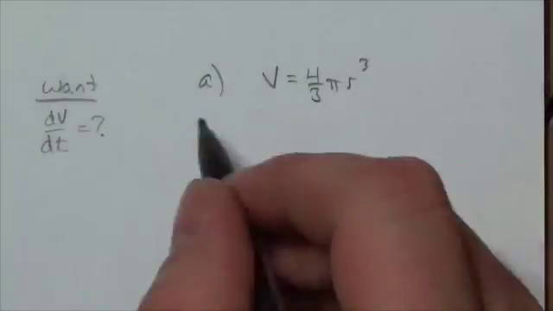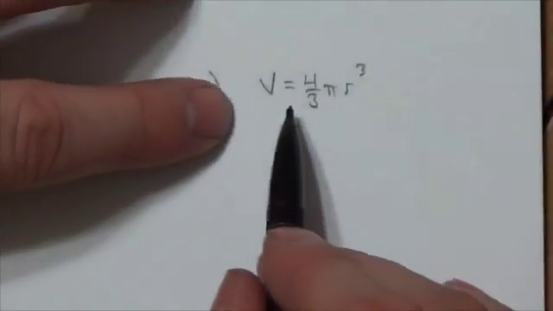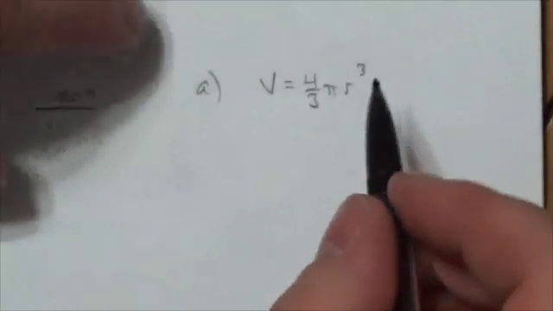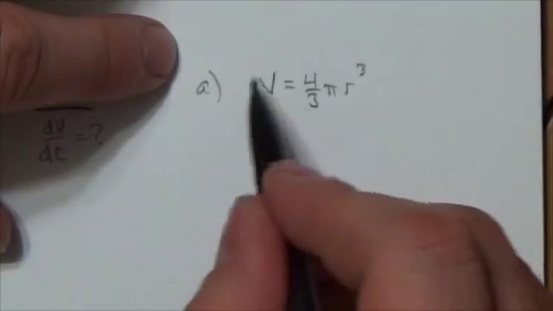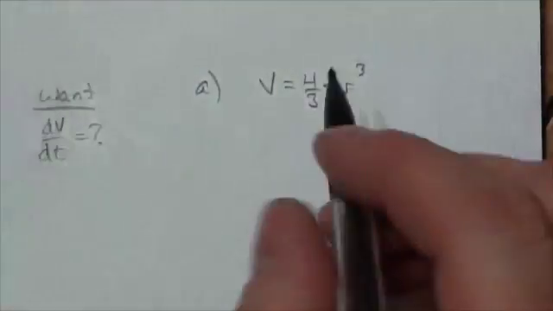So I'm going to take the derivative of this, because I have a relationship between the volume and the radius, and there are no extra variables here.